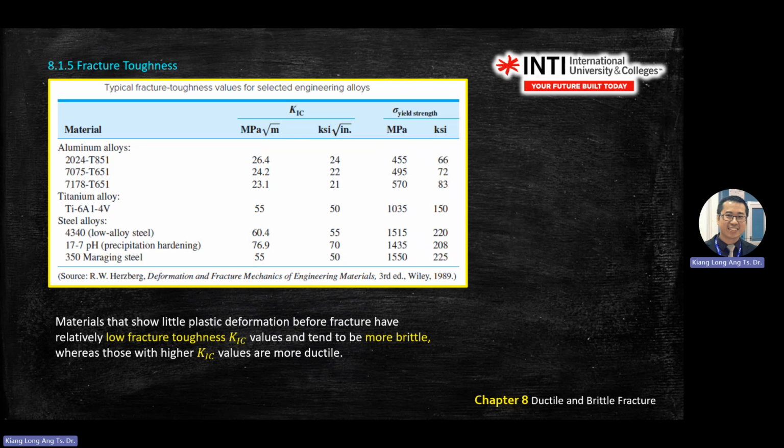You need to calculate, or from the table, you calculate the A. Then from the A, you are able to find your KIC. Material A, material B, you have two numbers to compare. So they ask you which one is more brittle, which one is more ductile. So if you make a comparison, you will say according to this statement.